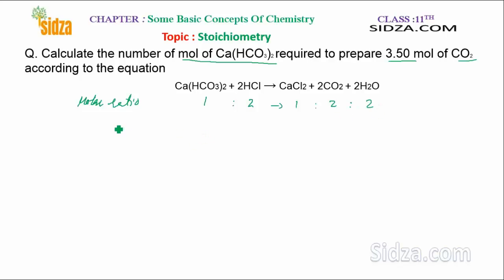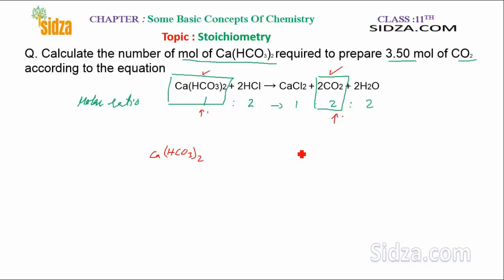So in terms of moles, I can easily see the relationship between the calcium bicarbonate and the carbon dioxide is 1:2, isn't it? So if I relate this reactant with the product carbon dioxide, from the balanced equation I can say 1 mole of calcium bicarbonate, right?